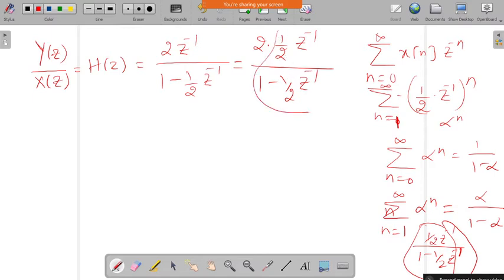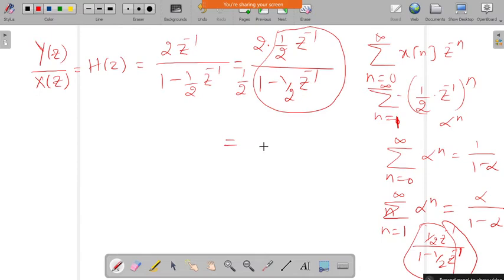If I divide and multiply by a half in the numerator and denominator, then we get the alpha which is in the standard expression. So alpha is nothing but half into Z inverse, that complete expression.